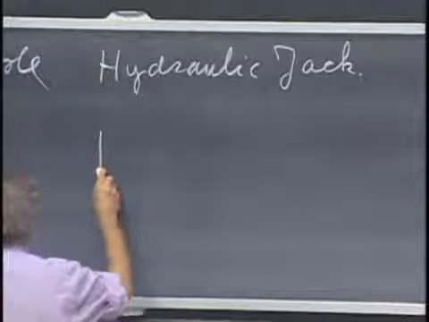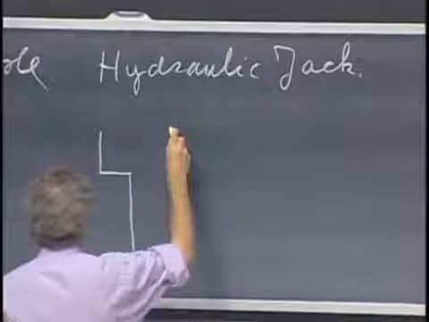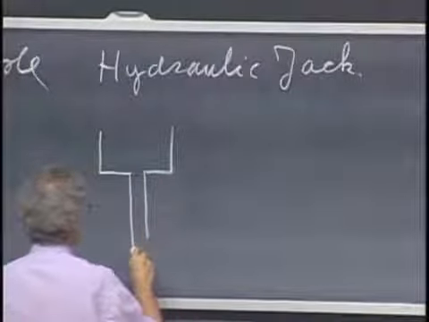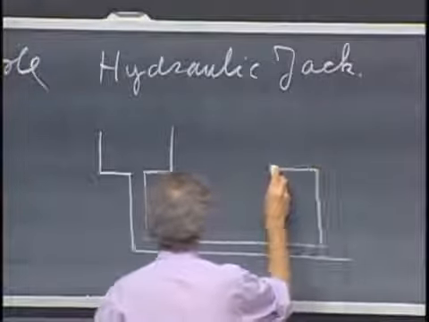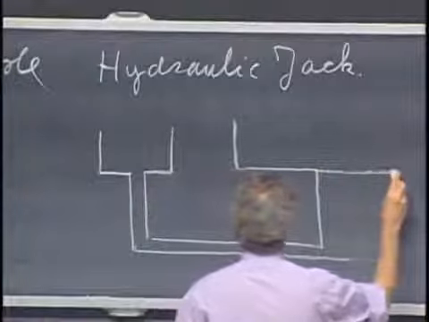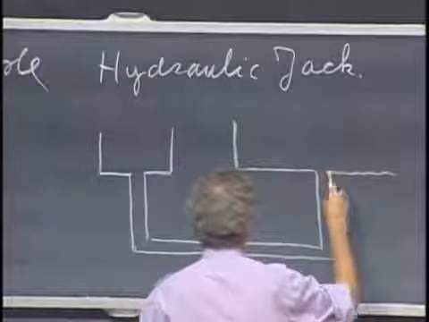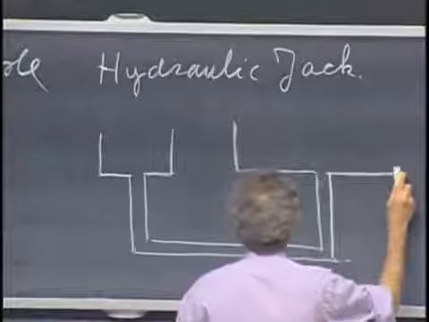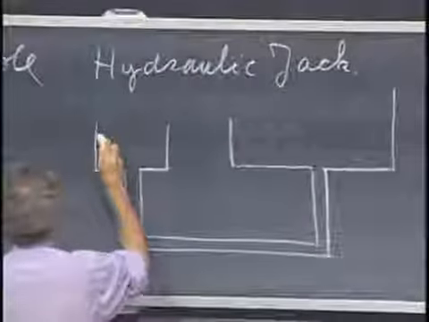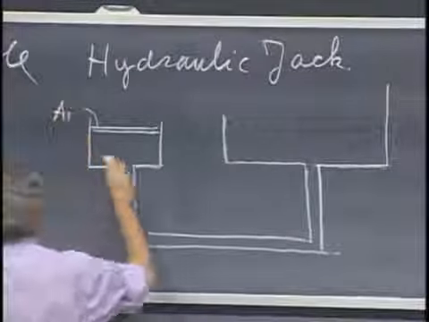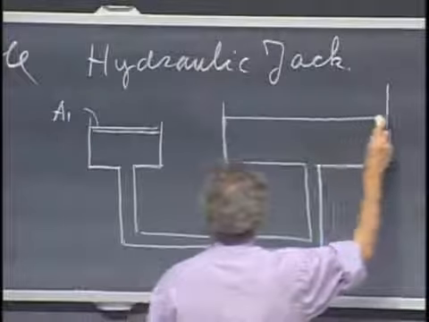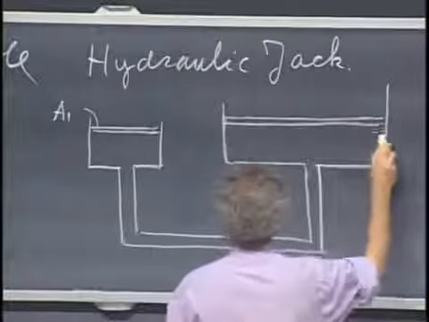I have here a vessel which has very peculiar shape. I need an opening here. And let there be here a piston on it with area A1, and here one with area A2.